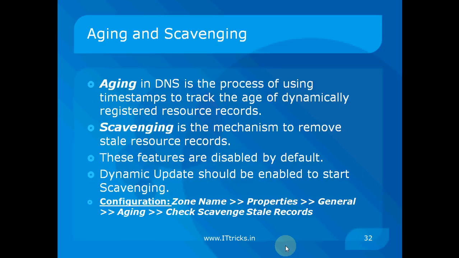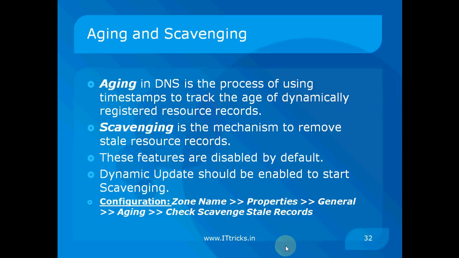What is aging and scavenging? Actually, aging is the process of keeping track of a dynamically registered resource record. What does that mean? If we have enabled dynamic updates, then all those computers and servers which are connecting to the DNS server, their resource records are automatically stored in the zone. So these resource records are automatically created.